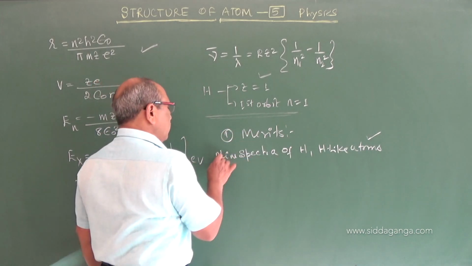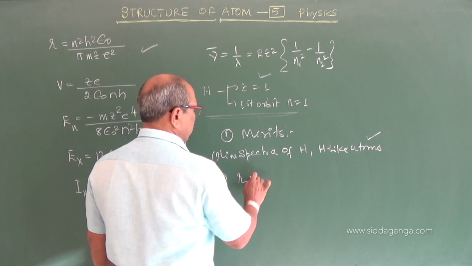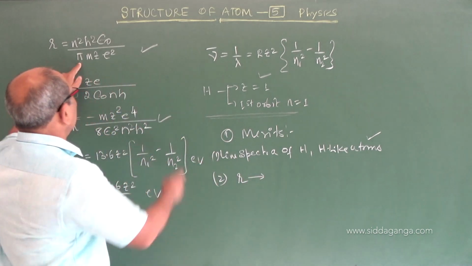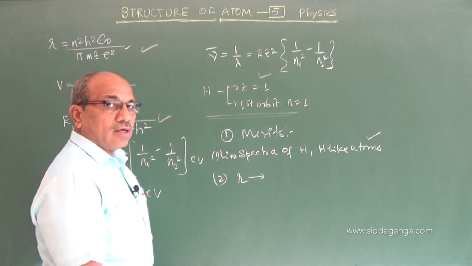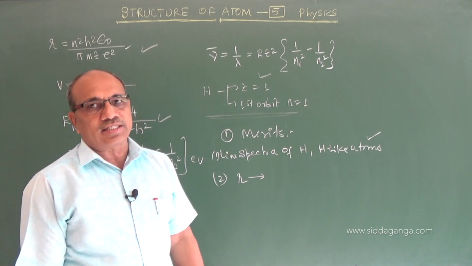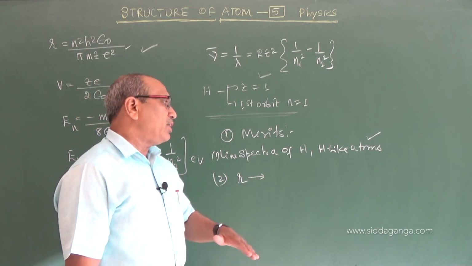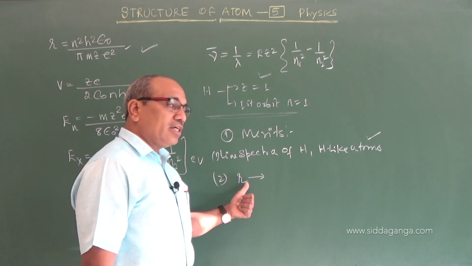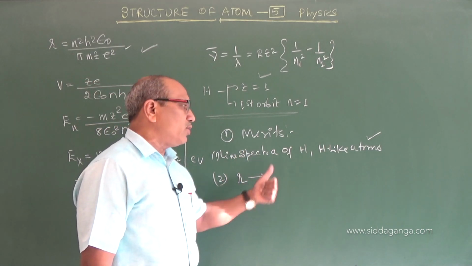The second one is the radius calculated from this theory using the relation, and also from the kinetic theory of gases. The experimental values calculated from that and the theoretical calculation from Bohr's theory are in good agreement.